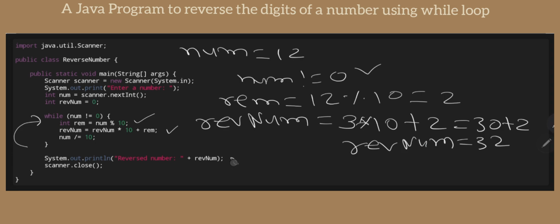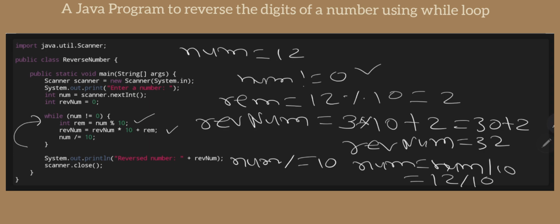Now here num divided-equal 10 means num divided by 10. Last num is 12, and 12 divided by 10 is 1.2, but here both are integers, so we have to take num equal to 1. Reverse number is 32 and num equal to 1.